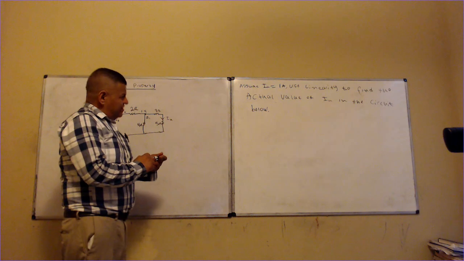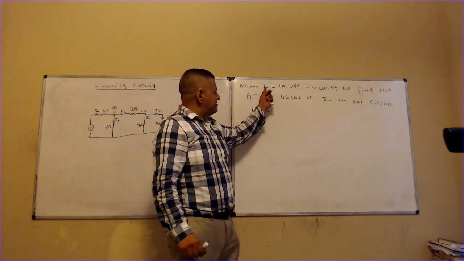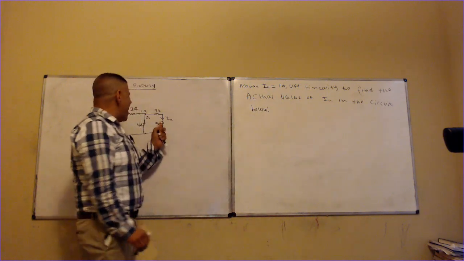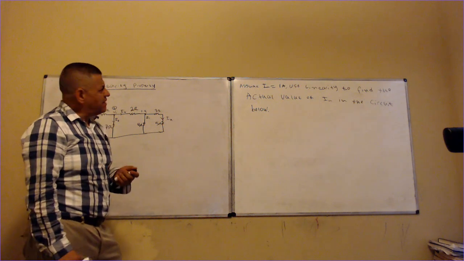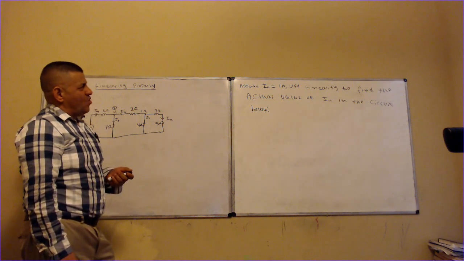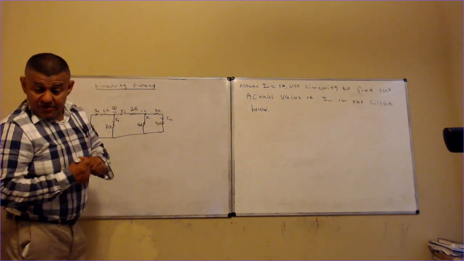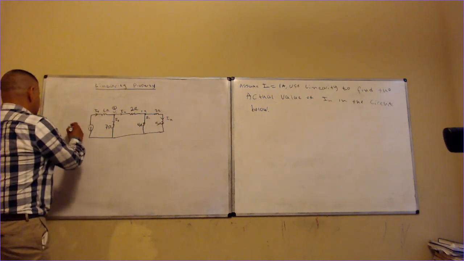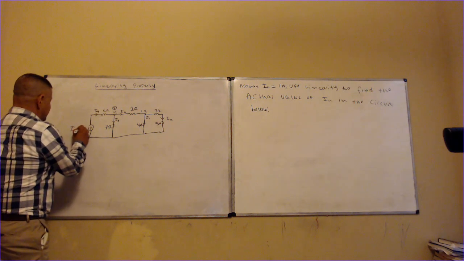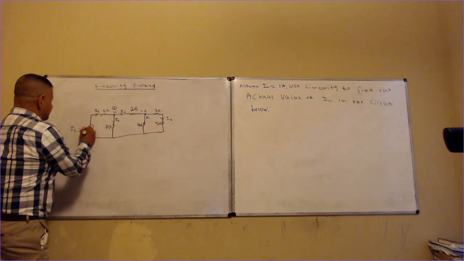Okay, so they already told me what this is, right? Why are they asking me to find the actual value? Well, this is the thing. And I forgot to put this right here. This is IS. IS is equal to 15 amps.